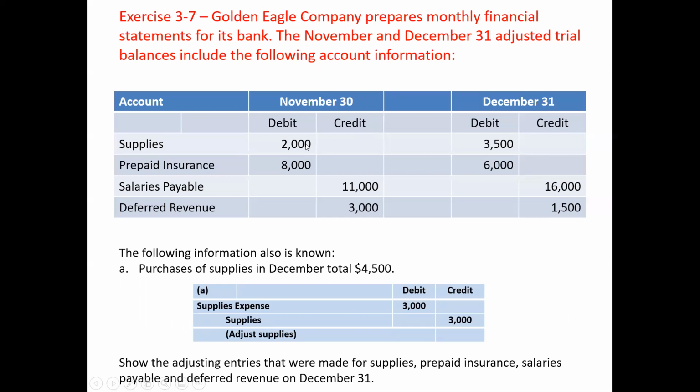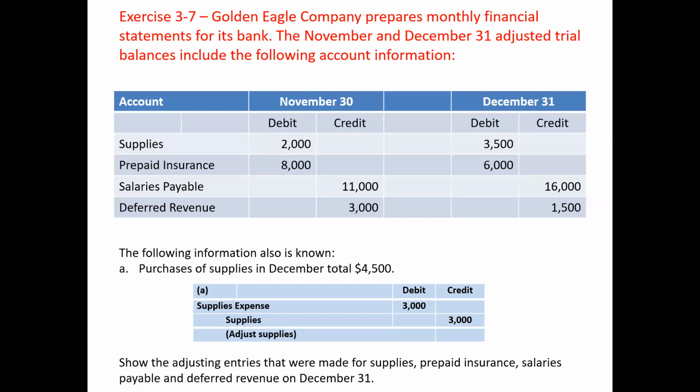If we started with 2,000 as a debit and we added 4,500 because we purchased 4,500 of supplies, that means we had $6,500 worth of supplies on hand.